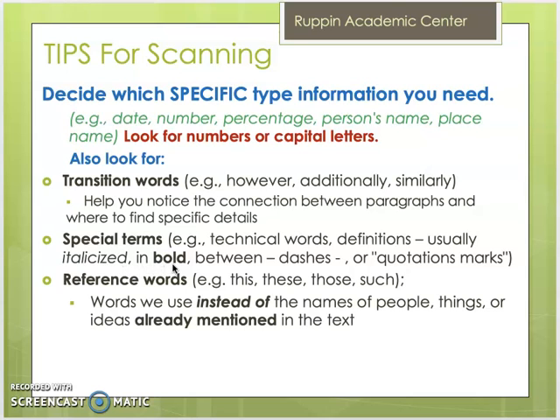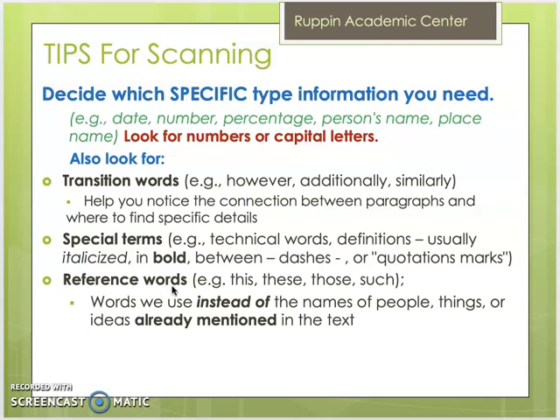Or they might be bolded in the text, or they might have dashes around them, or quotation marks. So when your eyes are looking over the text and you see these things happening inside the text, it's good to take note of that. And that could also help you find what you're looking for.